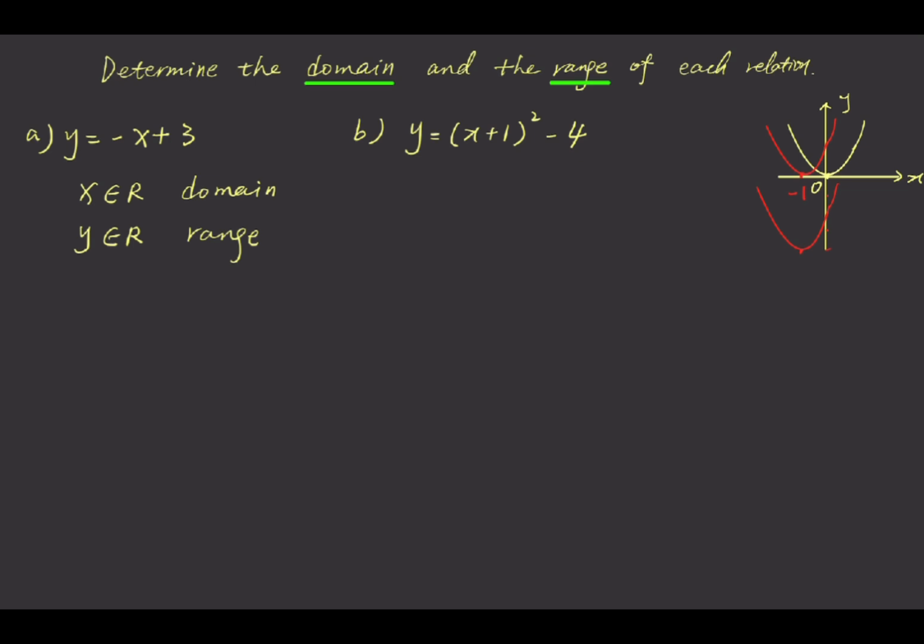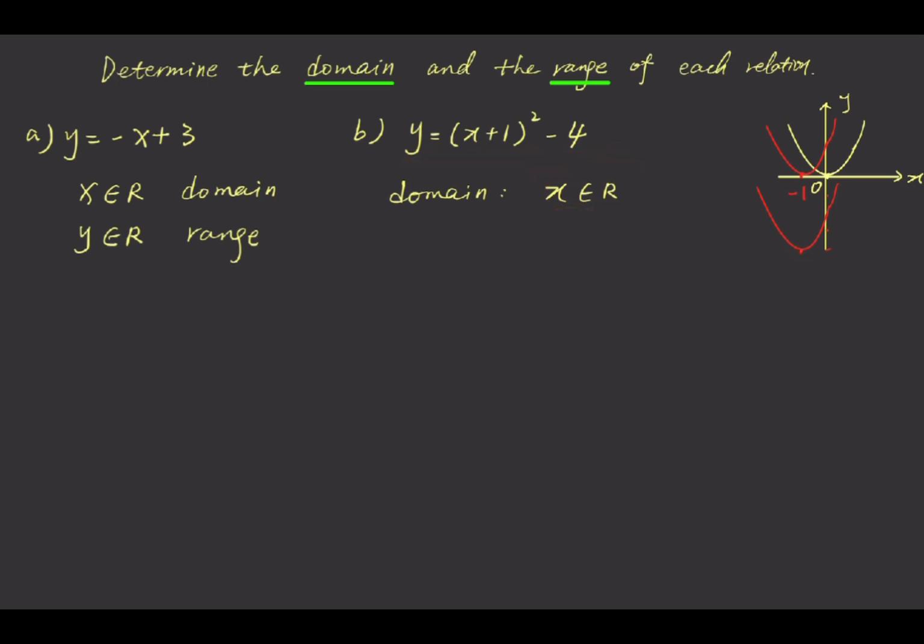Okay, from the graph, we can figure out the domain and the range. This relation's domain should be all real numbers, because over the whole x-axis it is possible for this relation. So x can be any real number.